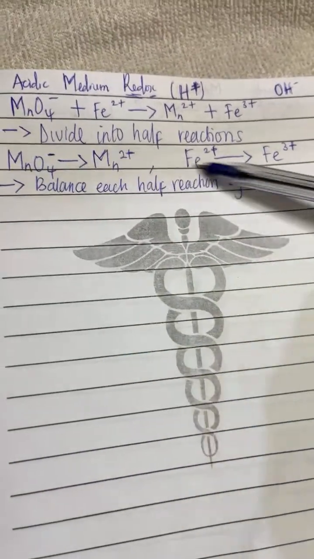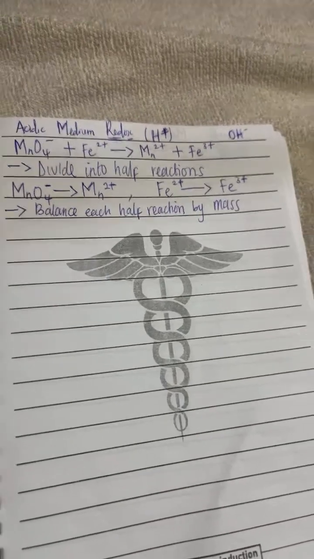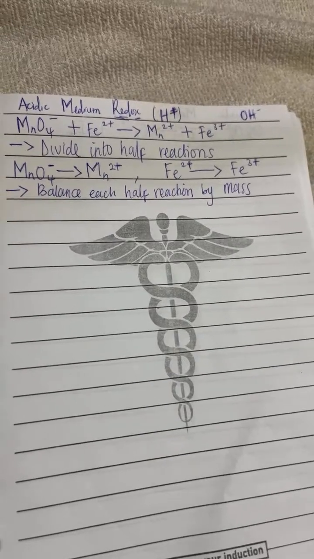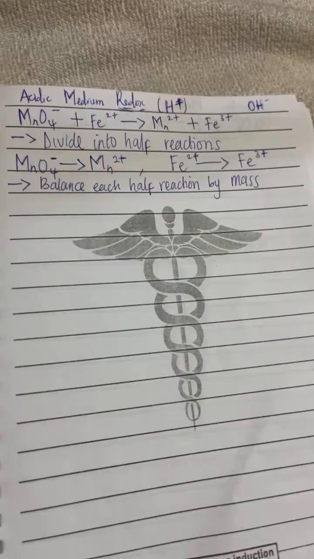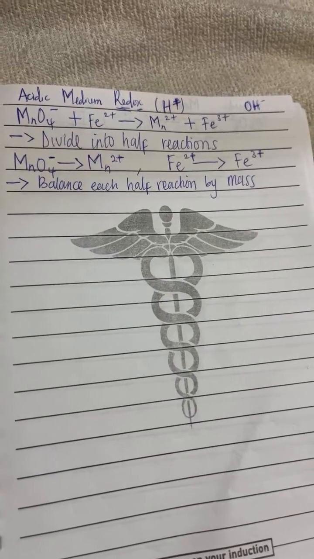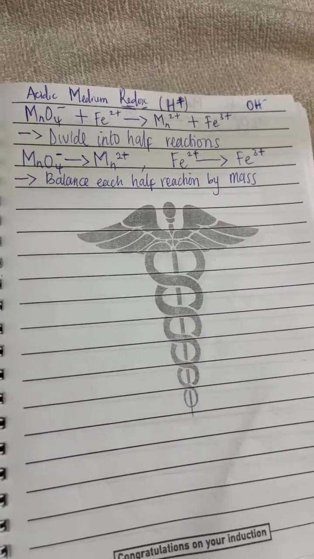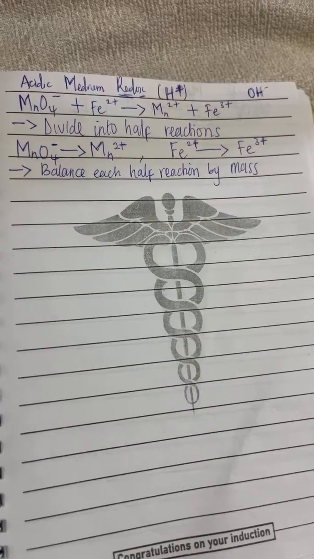So they are already balanced by mass, so there's no need to balance anything again. But if you have another situation where the reactant side is not balanced by mass to the product side, you need to balance it before you continue the balancing of your redox.